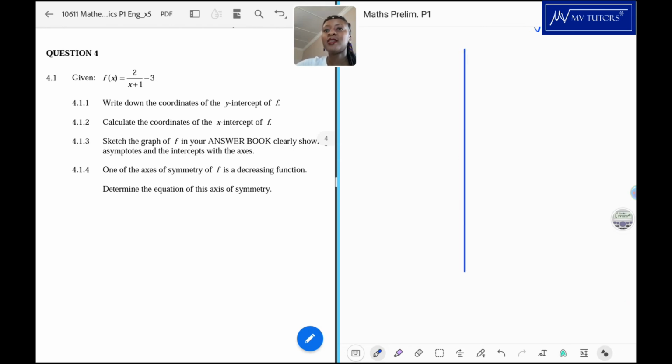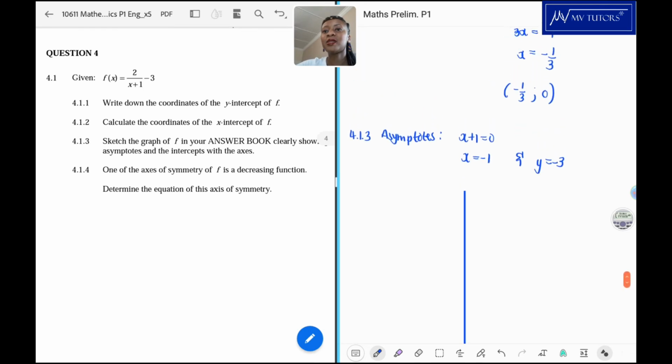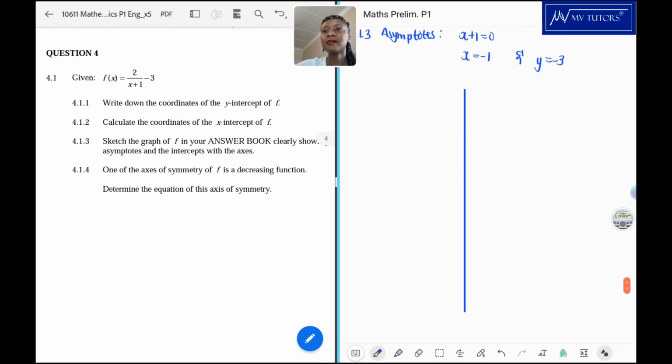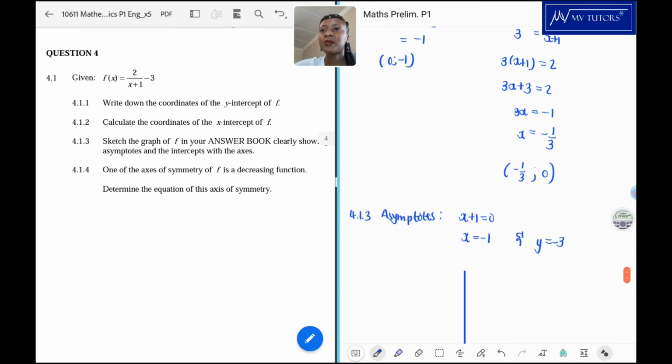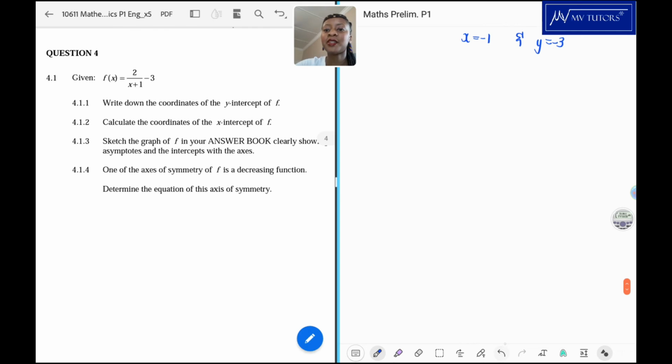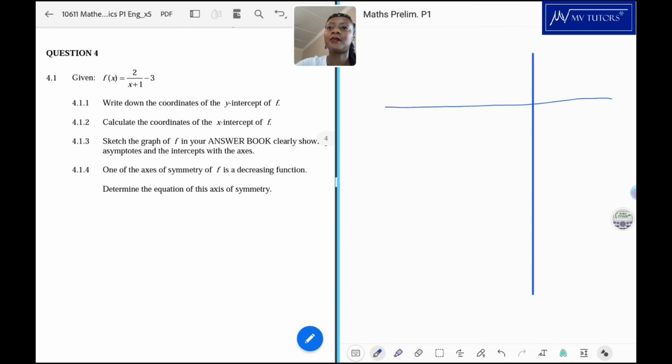Okay, so if you look at our values, they're mostly on the negative side, right? I have mainly negative values, so maybe I should be drawing this more towards that side, maybe more like that.